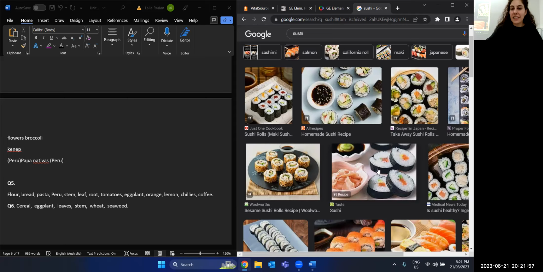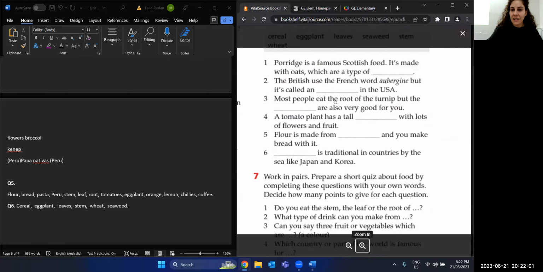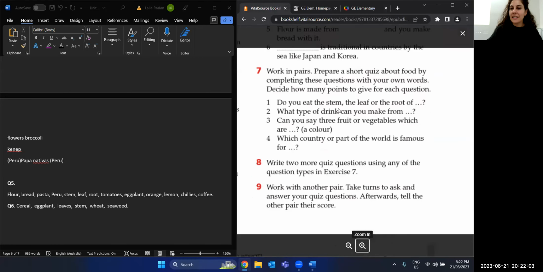Okay, let's do number 7 together. It's asking us, do we eat the stem, the leaf, or the root of what plant, what fruit or vegetable? So let's pick another fruit or vegetable which is not on this, that we haven't talked about.